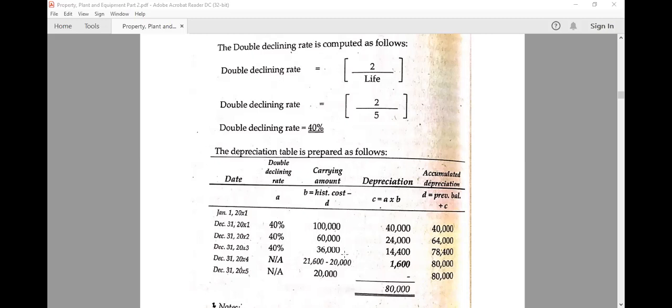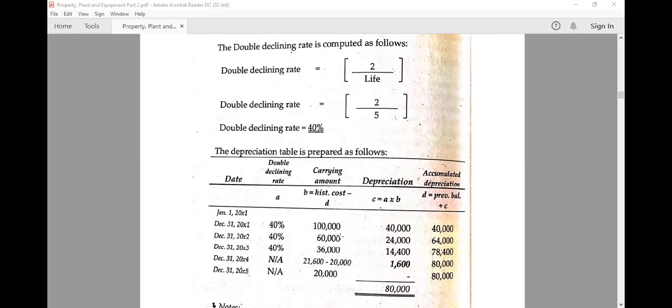Take note that this can be confusing for declining balance method. So that's why we simply have to make the table and then determine the carrying amount. Anyhow, that's 36,000. So the 36,000 carrying amount in 20x2 will be used in computing our depreciation expense for 20x3.